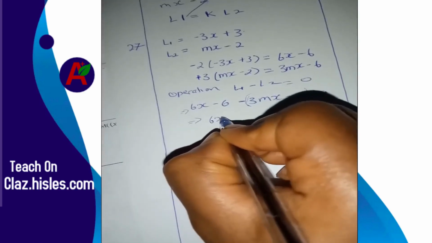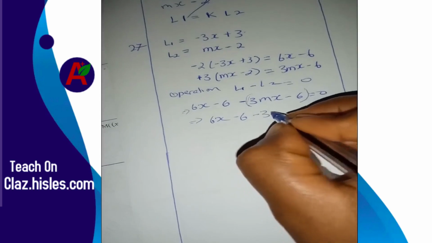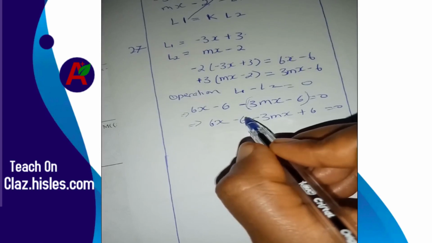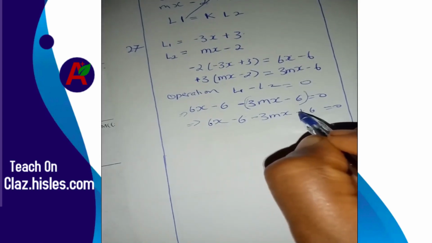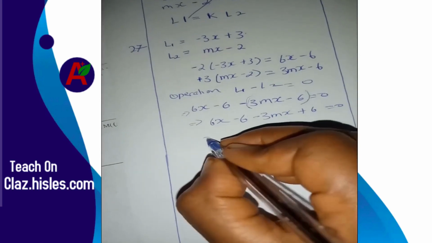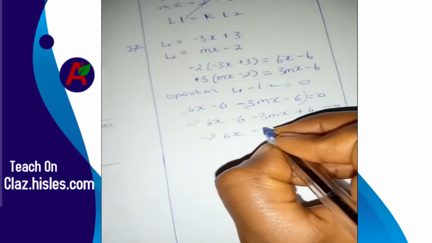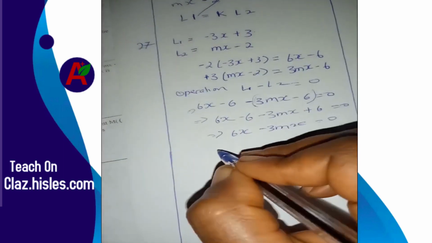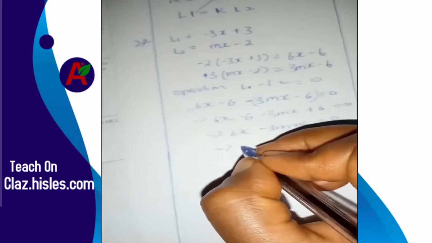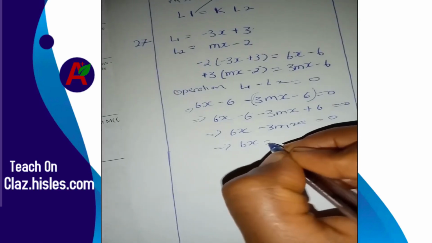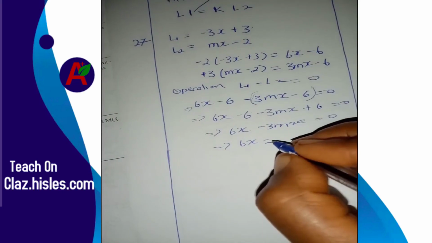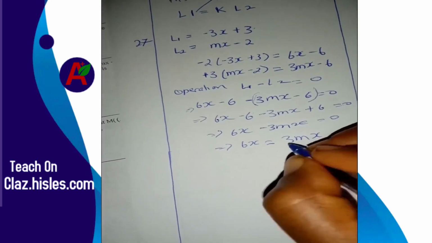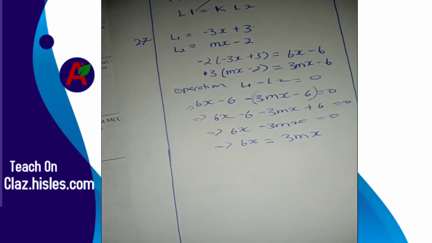Our new equation is going to be 6x minus 6 minus 3mx plus 6, which is giving us 0. So negative 6 plus positive 6 will cancel out, and we're going to have 6x minus 3mx, which is giving us 0. So what we are going to have here is 6x. Taking 3mx to the other side, the sign changes, so it will be 3mx, because we have crossed the equal sign.